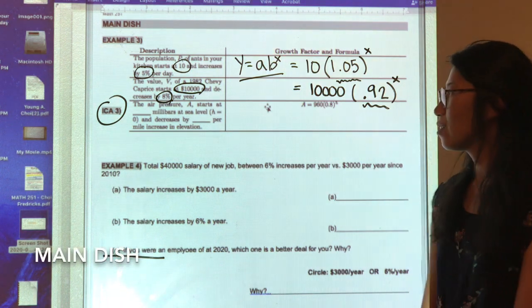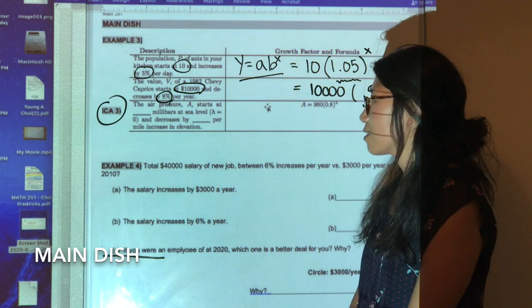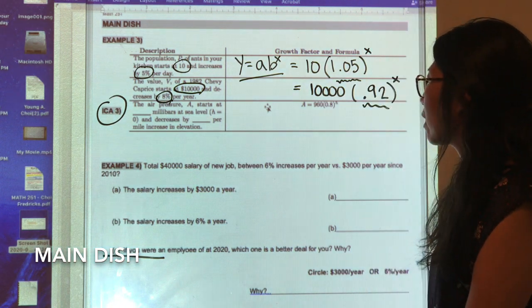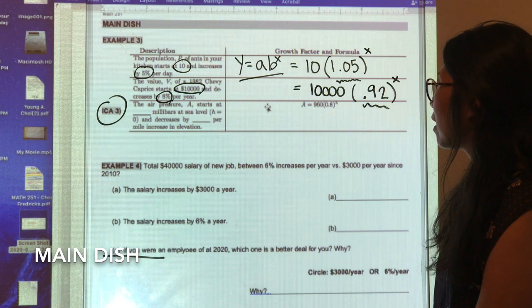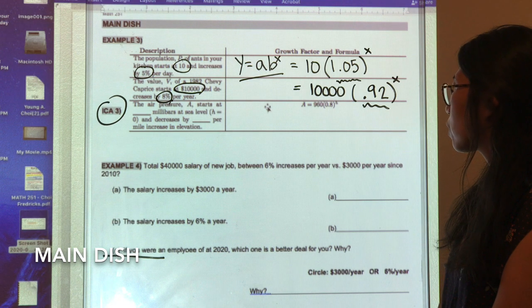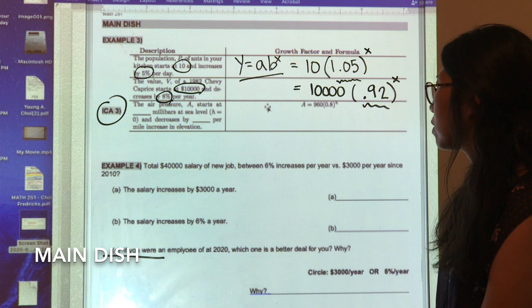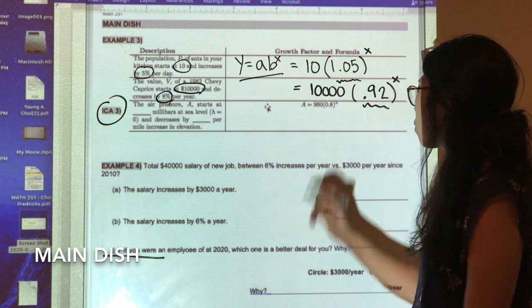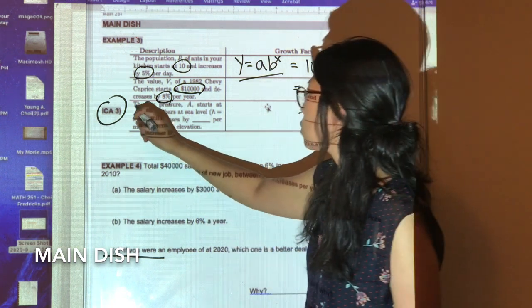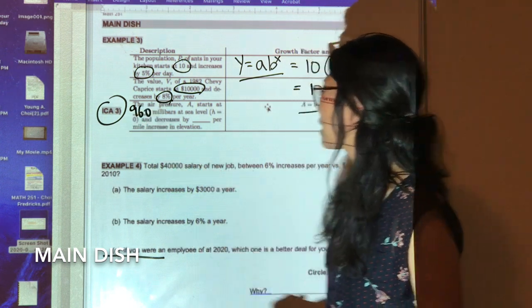So let's check the answer of in-class activity 3. The air pressure starts at some millibars at sea level, and decreases by some percent per mile increase in elevation. So if you look here, I see that my starting number is going to be 960.